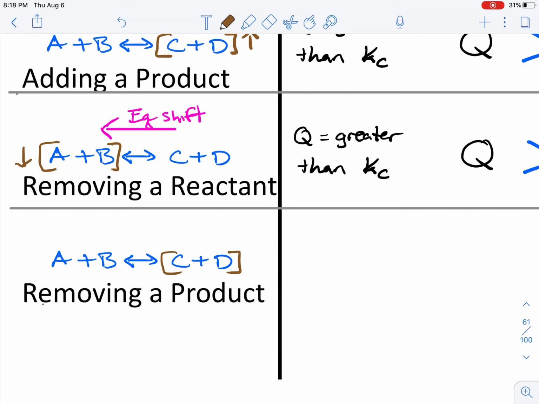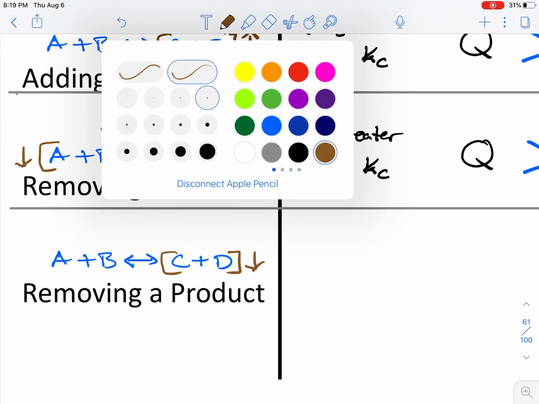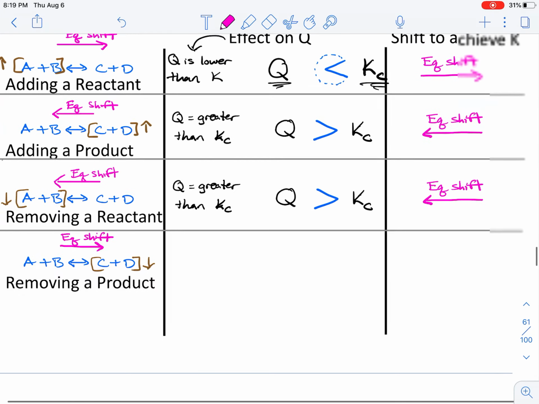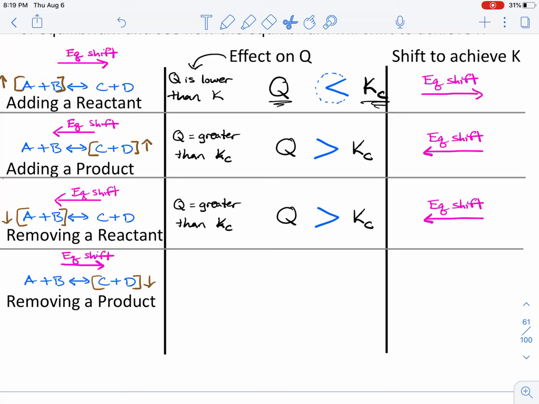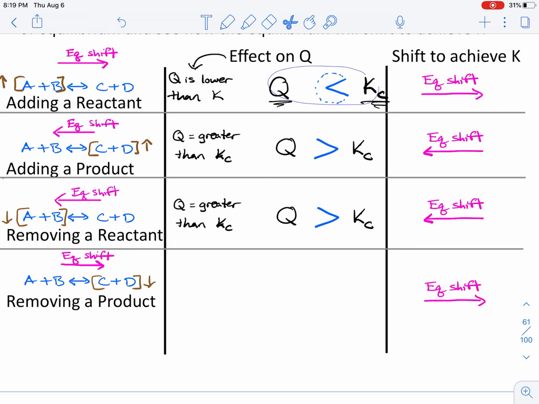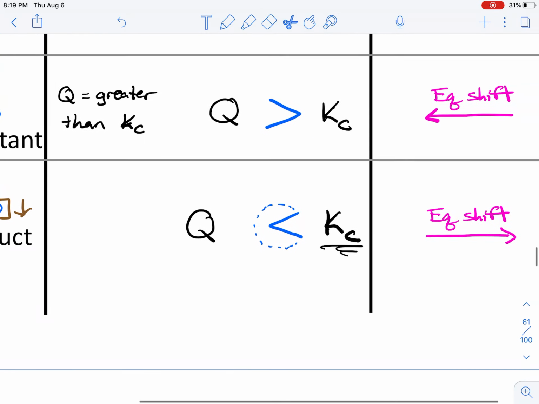And finally, when I am removing product, okay, it doesn't matter which product I remove, so I'm just going to bracket both of them. I'm going to lower their concentration. And so if I take away some product, the equilibrium is going to shift to the right to compensate for the product that was lost. And so overall, since we have a shift to the right, the inequality is going to point to the right.